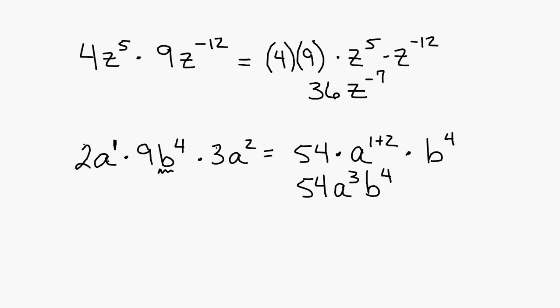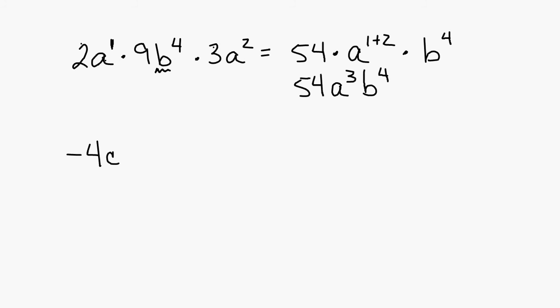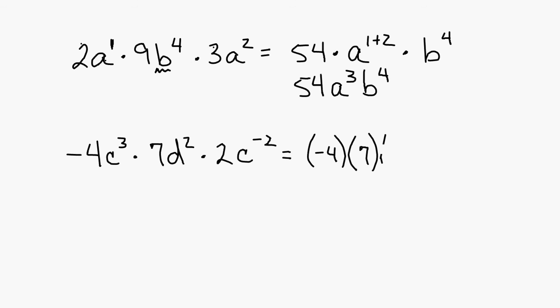Negative 4c to the 3rd times 7d squared times 2c to the negative 2 power. So the first step is the negative 4 times the 7 times the 2.